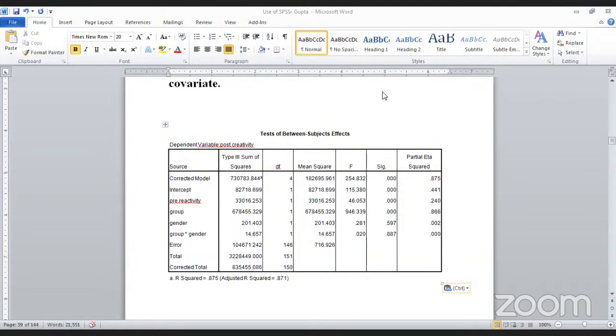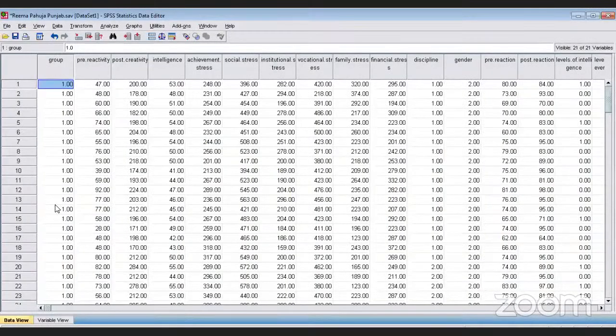Gender data analysis. So Jania, please concentrate.